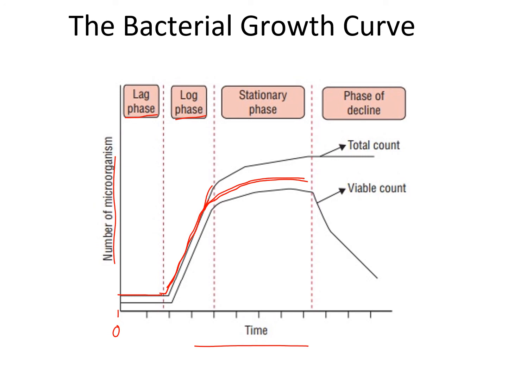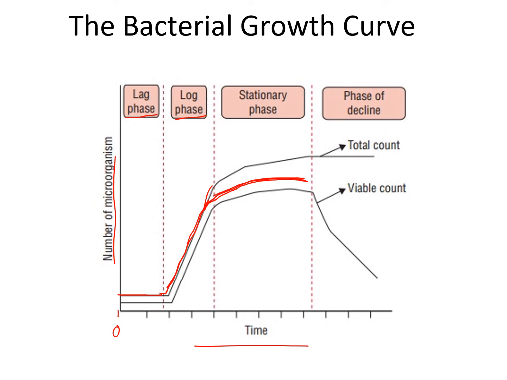And often the waste products of metabolism are acidic. So what is happening during the stationary phase is that the pH of the environment is decreasing. And you should remember that changes in pH can have an effect on enzyme function, and having that effect on enzyme function will have an effect on the bacterial survival.